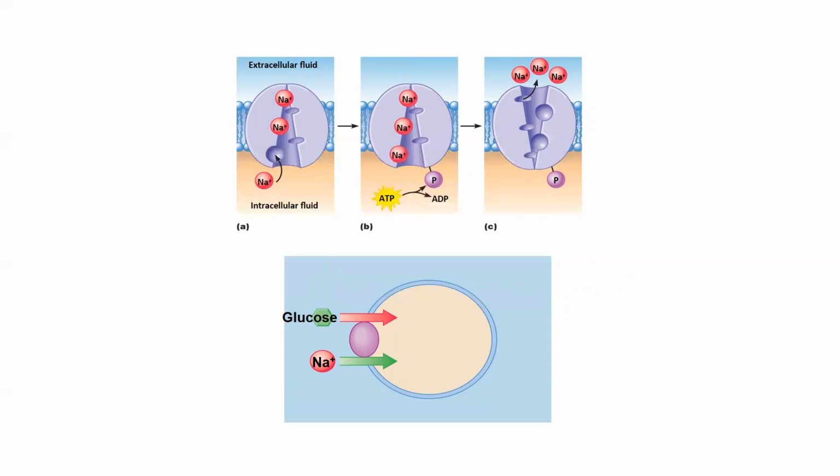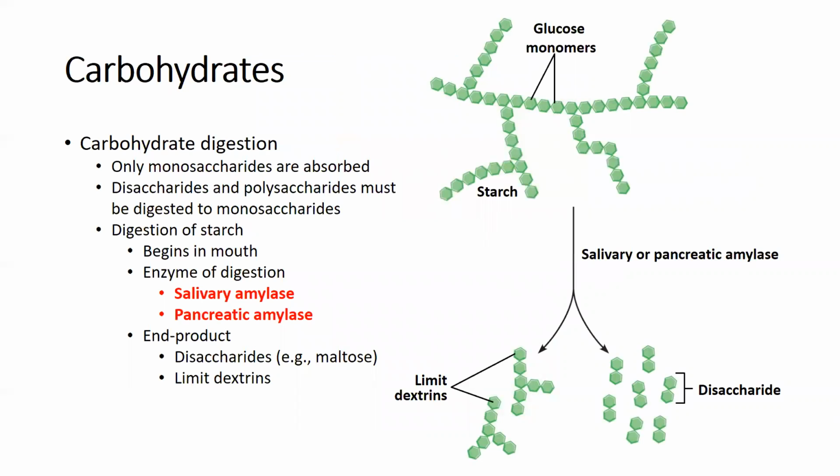And then on the bottom, what type of transport would this be? Where we use or harness the energy of another ion. Secondary active transport. Right? This is just to remind us of the various types of movement, types of transport, which we'll point out today. Let's start by looking at the absorption and digestion of carbohydrates.